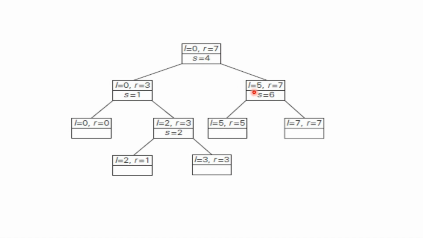In that case, our left subarray had the l value as 0 and r value was s minus 1, so that is 4 minus 1, that is 3. And then we sorted the right subarray by calling the quicksort function with the new value of l. What was that? That is s plus 1, so 4 plus 1 is 5, and r was the same 7.